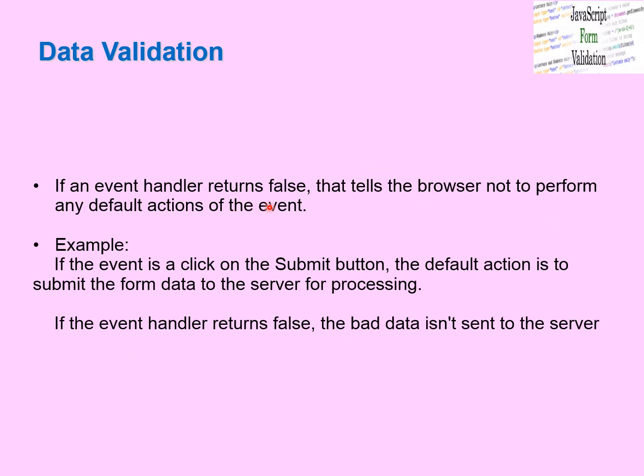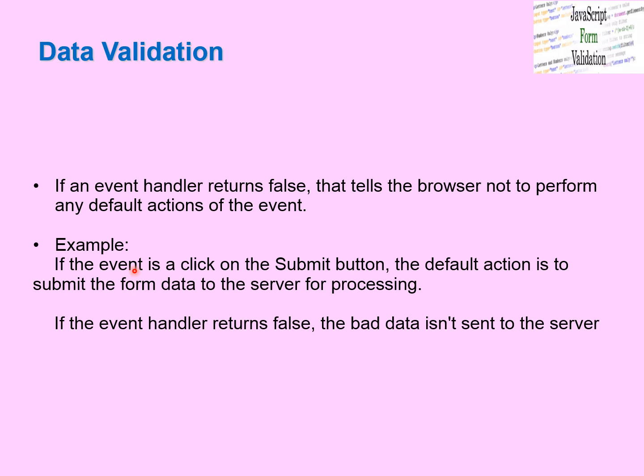If an event handler returns false, that tells the browser not to perform any default actions of the event. So if the event handler returns a false value to the browser, the browser does not perform any default actions for the corresponding event.